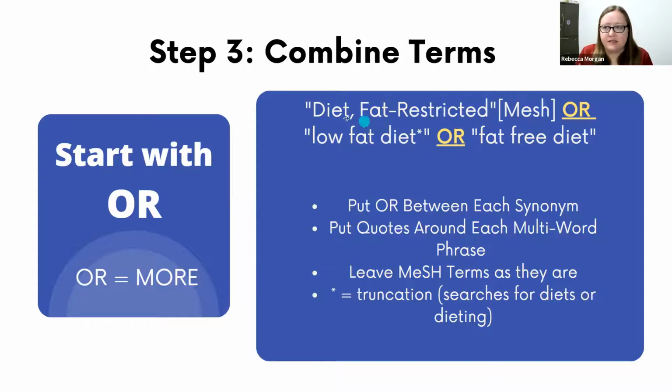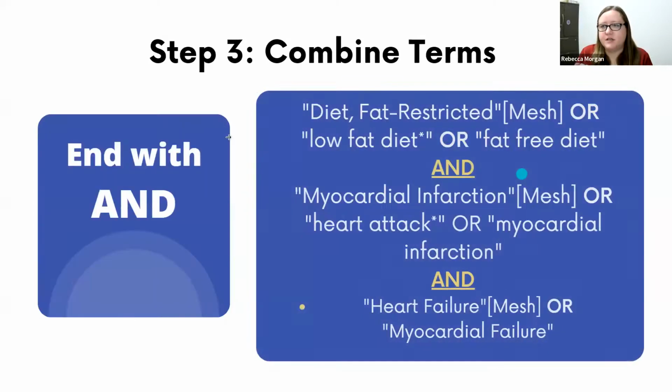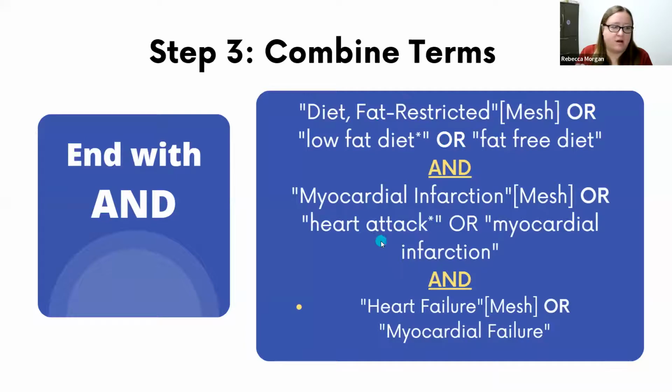And so I've created an OR string for my first keyword with the MeSH term with 2 different synonyms. They're all linked with OR, and I've made sure my punctuation is in mind. After you do that for each of your phrases, you go through and you combine them all with AND.